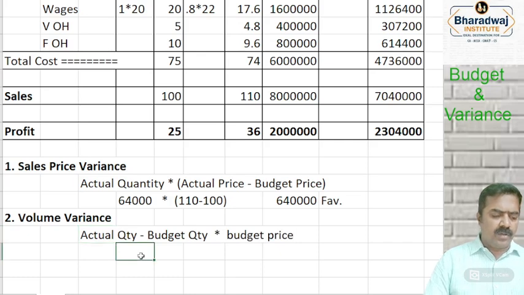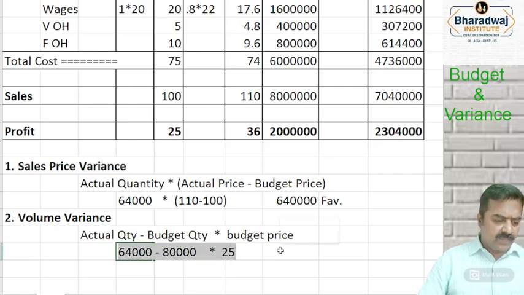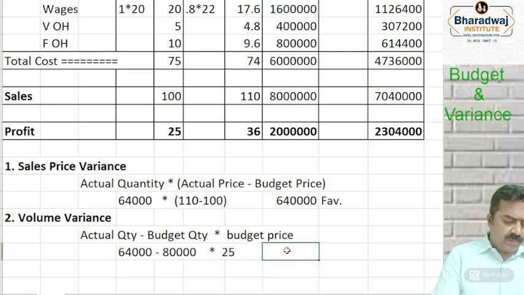The actual quantity sold is 64,000, but we prepared a budget for 80,000 quantity, into the budgeted price of 25. This will give us the variance because of the volume.